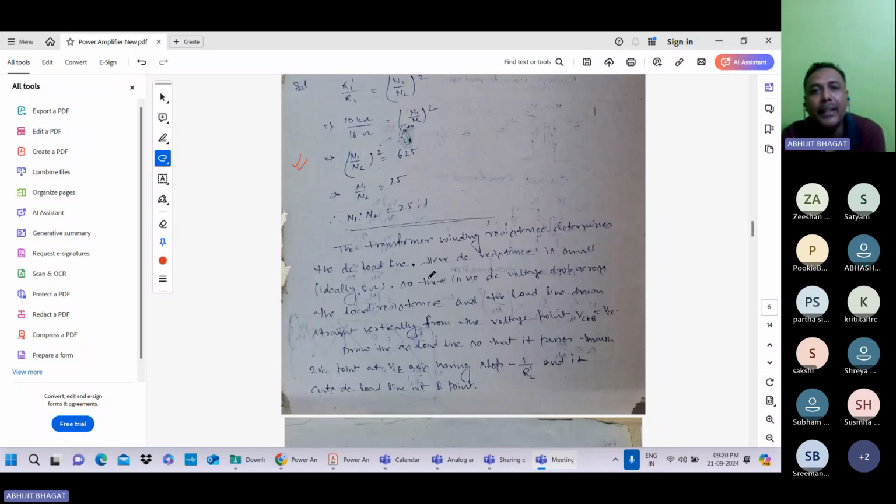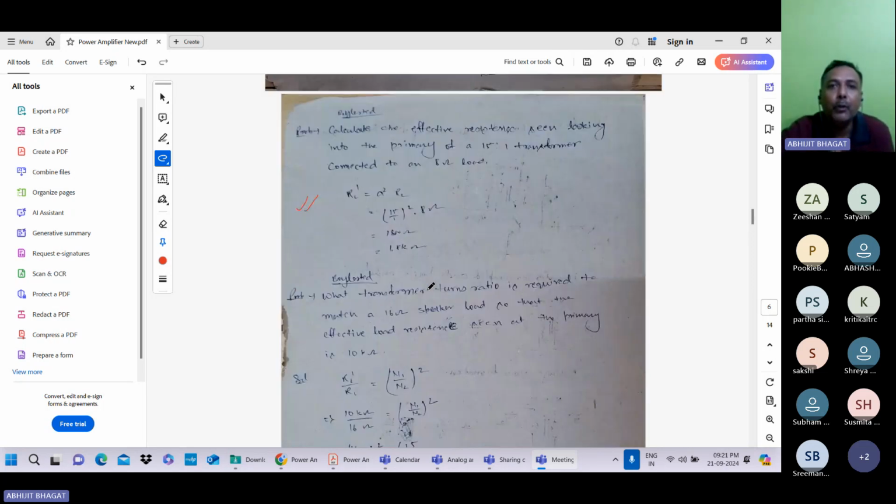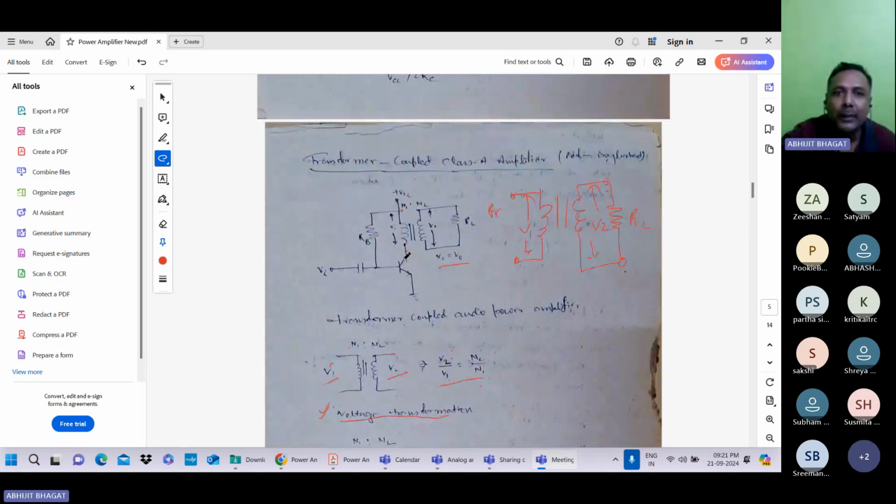In case of power amplifier, not transformer, you can see here the power supply is DC. This is the DC power supply, and this Vi is the signal voltage. Basically, or in most cases, your signal voltage is an AC signal, and the supply voltage is a DC signal.